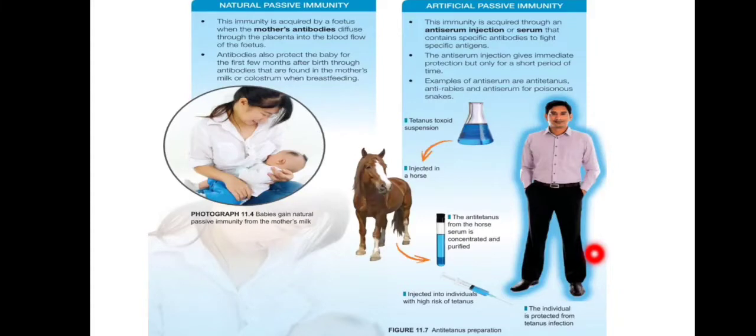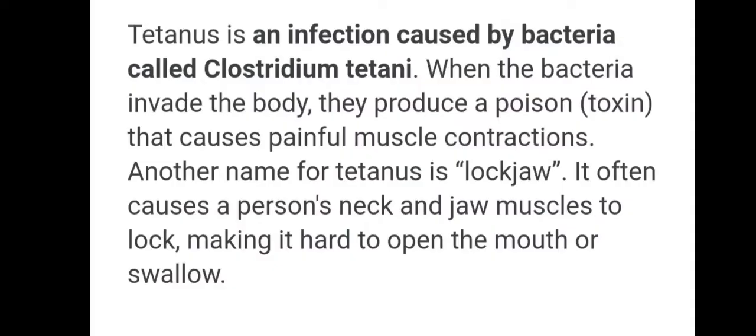Okay, tahu kan tetanus? Selalunya bila kita baru sahaja digigit anjing ataupun nail injury, terpijak paku, selalunya kita akan diberi ini kan, tetanus. Inilah maksudnya, anti-tetanus preparation. Okay, so what is tetanus? Tetanus is an infection caused by bacteria called Clostridium tetani.